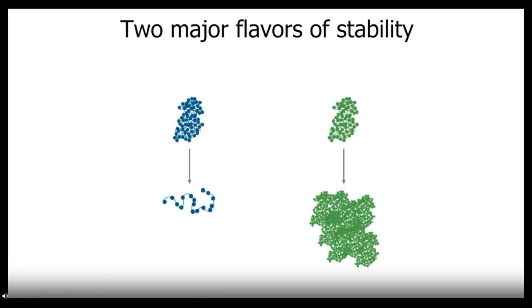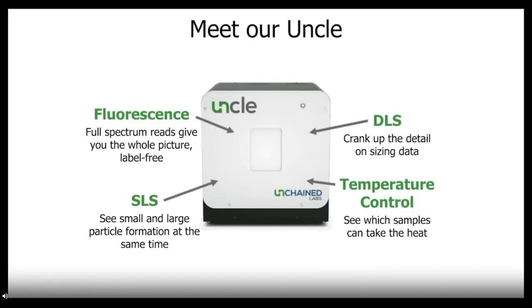Colloidal stability, shown in green on the right, can be thought of as the aggregation behavior of a protein. Gathering size information from static and dynamic light scattering can inform the understanding of a protein's colloidal stability. And both of these behaviors combine to paint a fuller picture of a protein's stability that you can use to pick the best option.